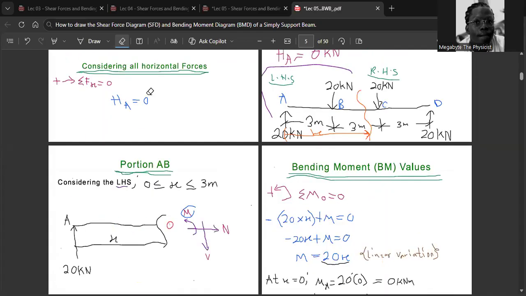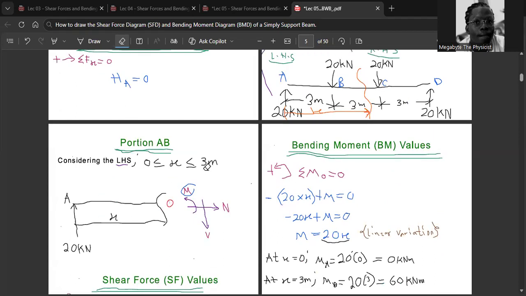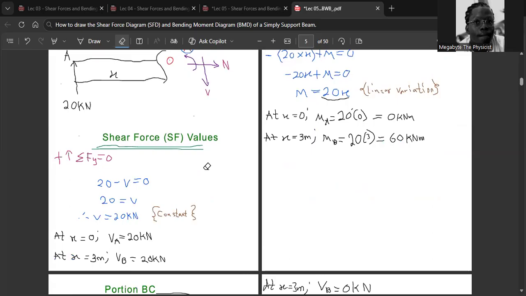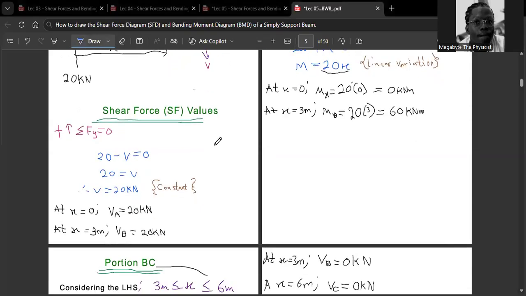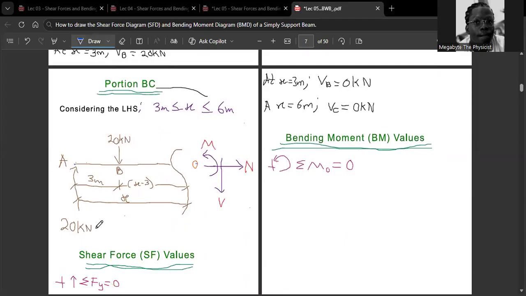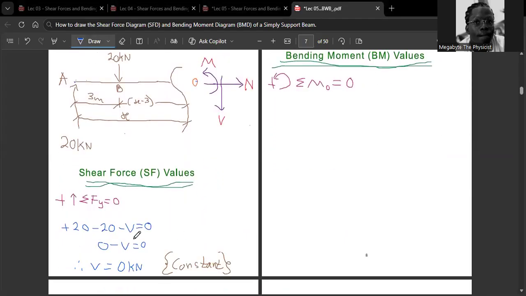When we took a cut at AB, we calculated for the shear force values. We also calculated for the bending moment values. Yes. So now we are going to take portion BC and then we calculate for its bending moment value, since we already did for its shear force value in part 1 of the lecture video.